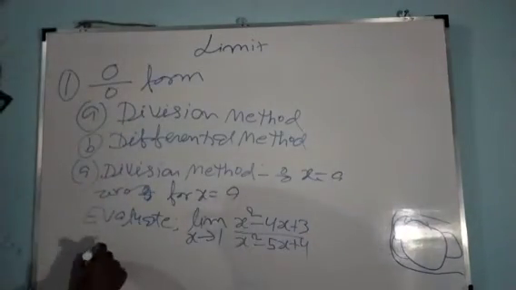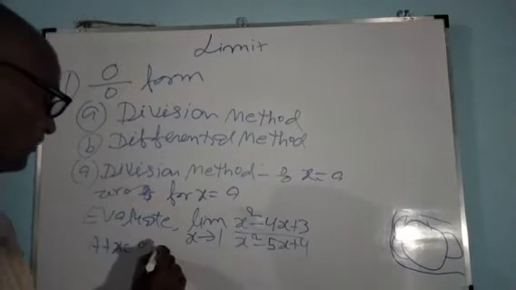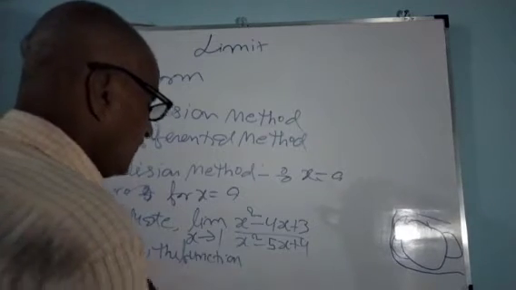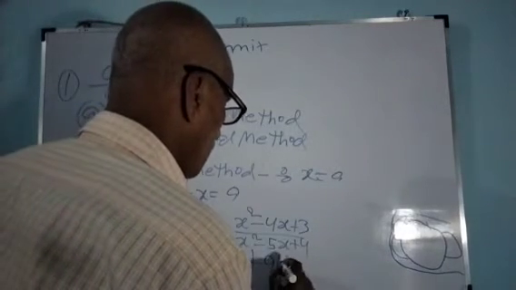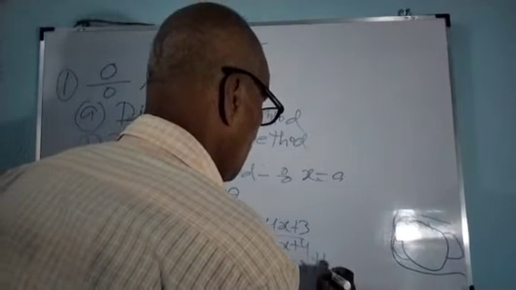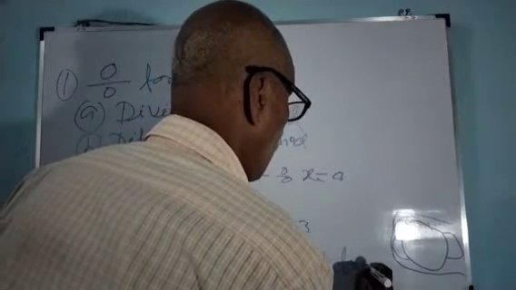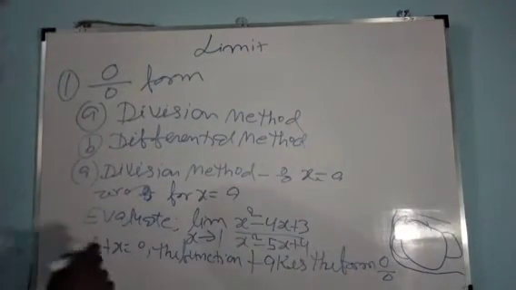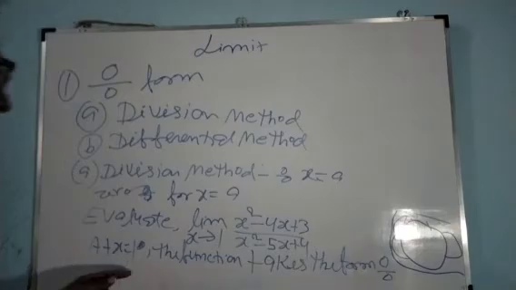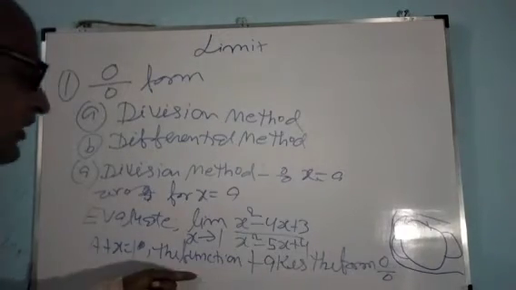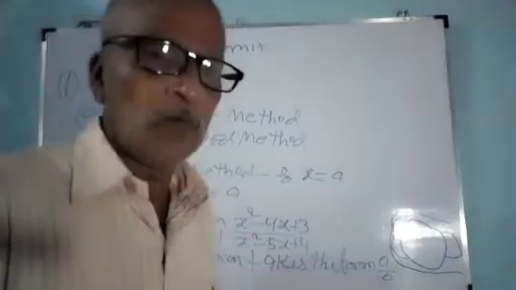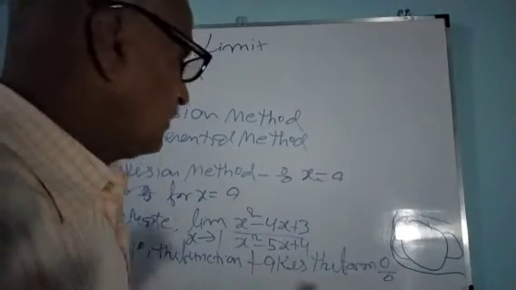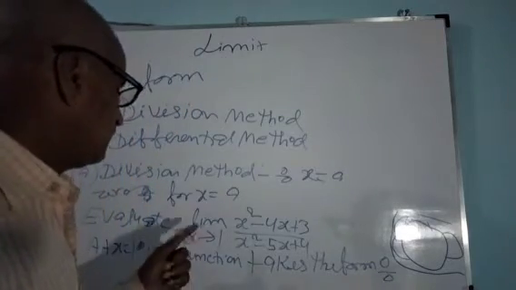At x equal to 1, the function takes the form 0 by 0. Now we obtain the limiting value of the function.